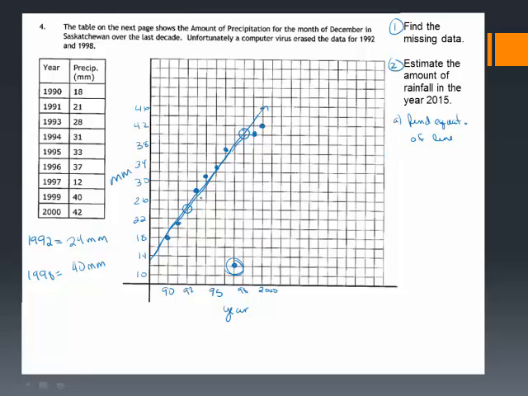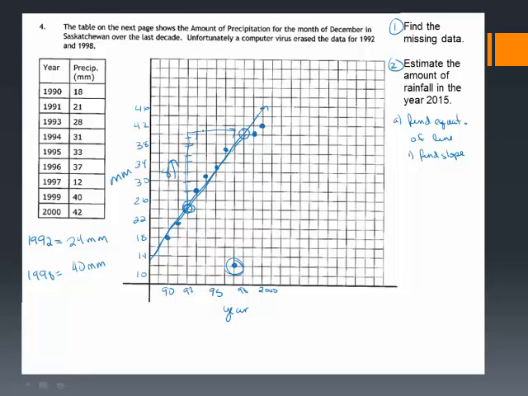Now I need to find the slope to find the equation. And I have 2 points that are directly on the line that were perfect points. And so I can count from here to here, and I can find my slope. So I'll go up 1, 2, 3, 4, 5, 6, 7, 8. So I go up 8.